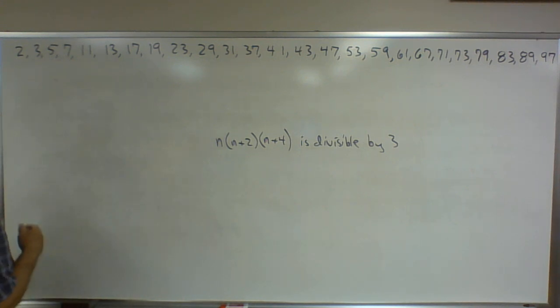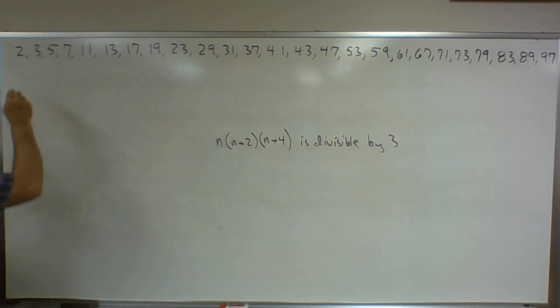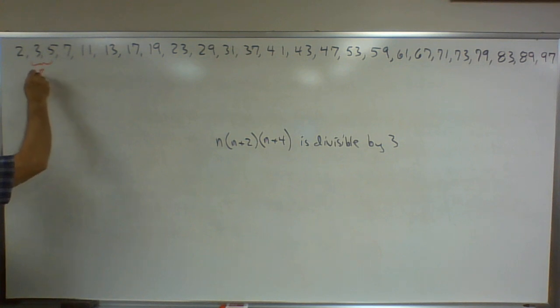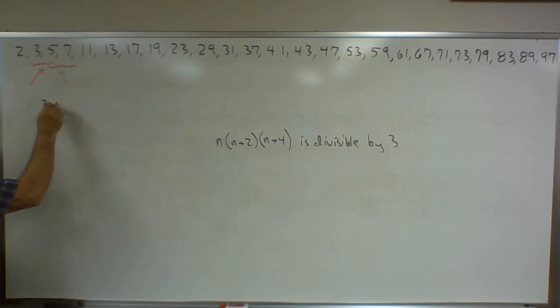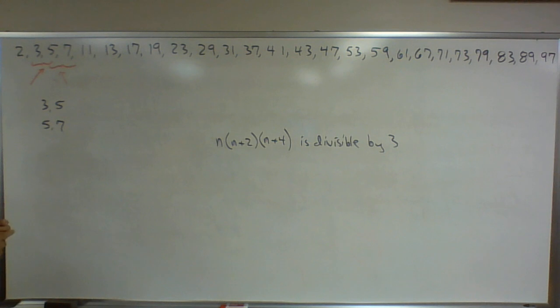But let's look at something else now. 3 and 5, and also 5 and 7. Consecutive odd numbers, both of which are prime. You know what?